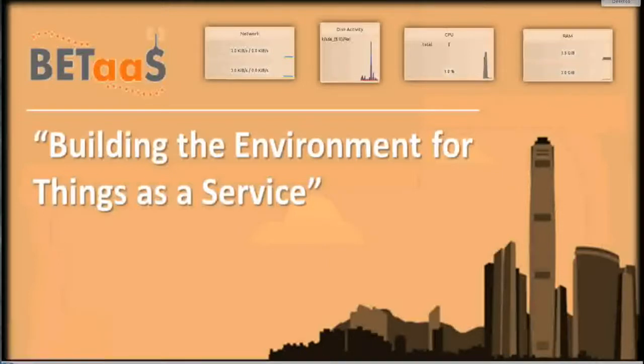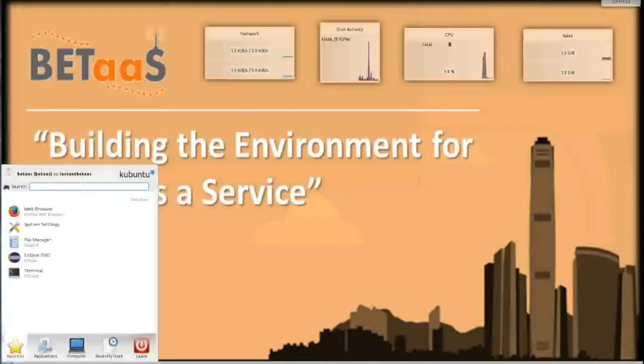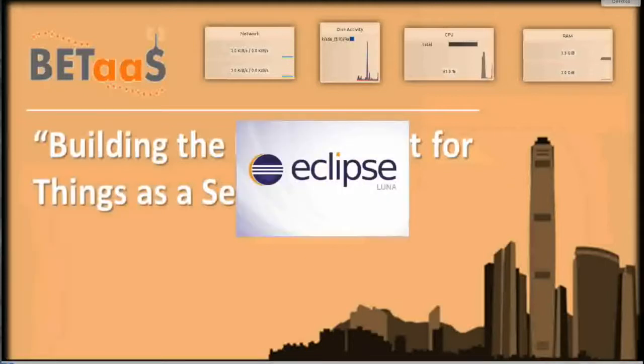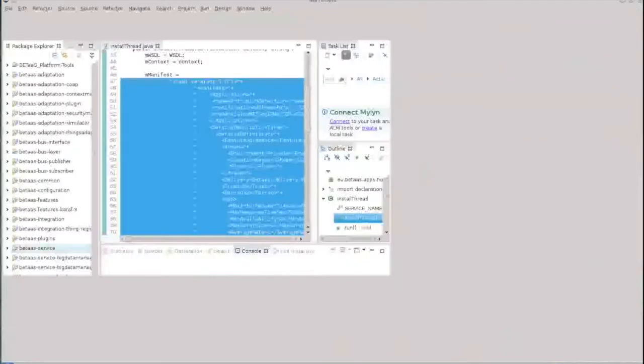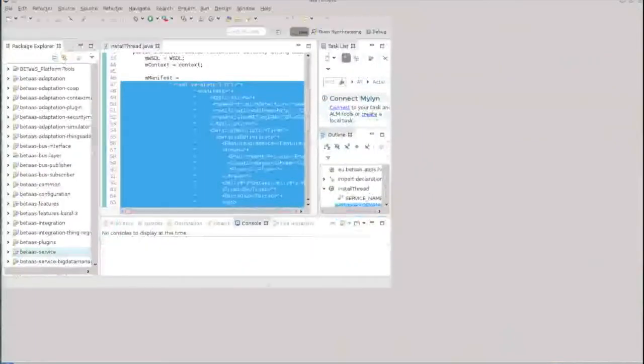Okay, so first of all, we'll show you how is the developer workflow. So we have already installed the Eclipse program inside the VM. So we can start the Eclipse program, and inside Eclipse you will find all the BETaaS platform already imported, as well as some example application that we will use during this webinar.